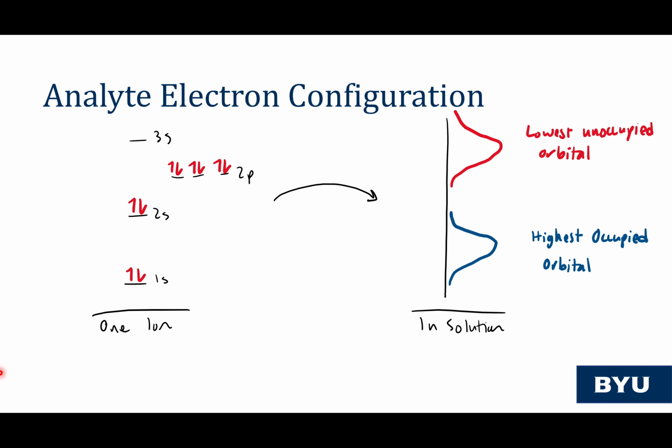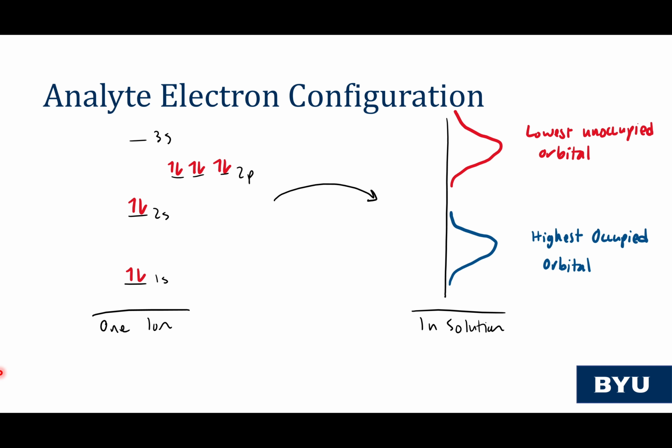What we might see is this 2p from one ion morph and become this blue highest occupied orbital distribution, where there's a distribution of energy states. This distribution occurs because all of these ions are interacting with each other or with other ions in the solution, and that causes the distribution instead of a clear-cut energy for each orbital.